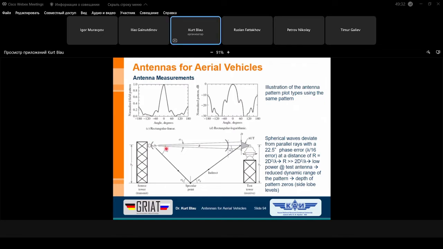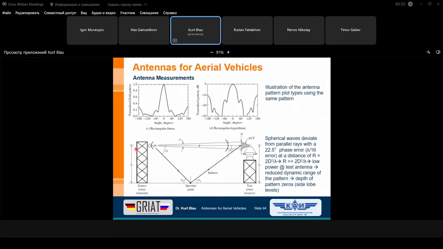You know, it has a limited forward-back ratio, and all the radiation which is not concentrated in the forward direction can go out in this direction and can cause reflections, which can also occur at the receiving antenna.